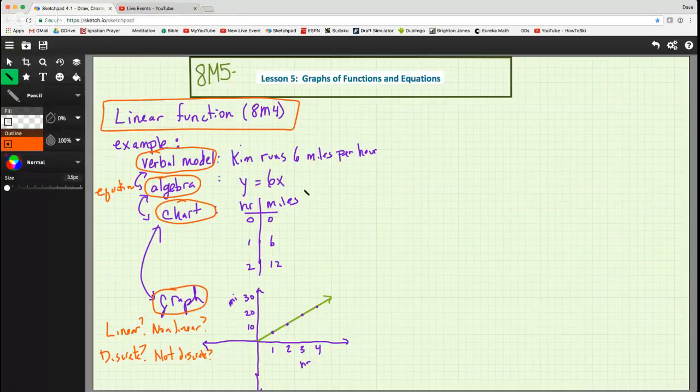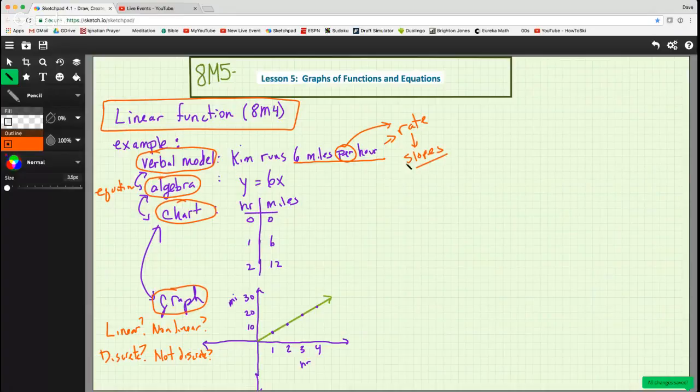So that means, after 6 miles per hour, let's look back at our code words. Miles per hour, this is our rate. Remember that keyword per tells us it's a rate. And we know that rates are slopes.